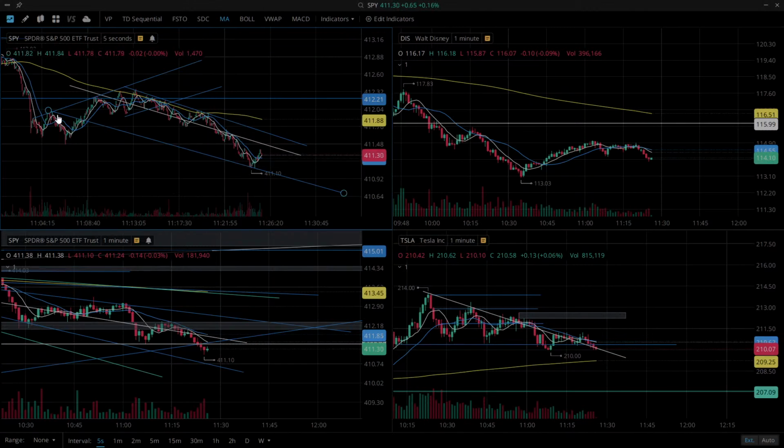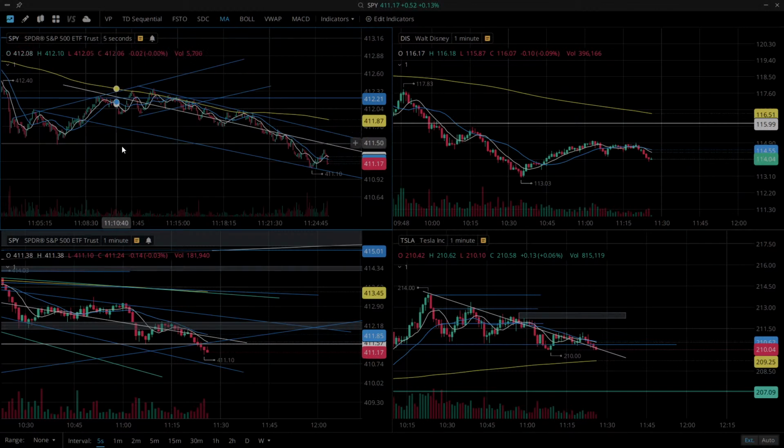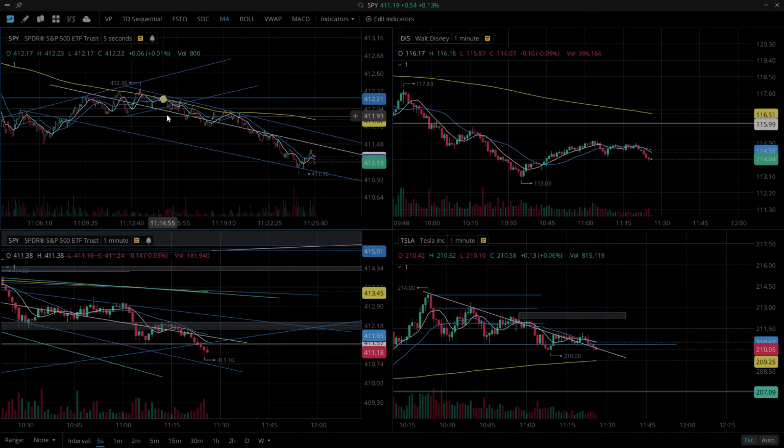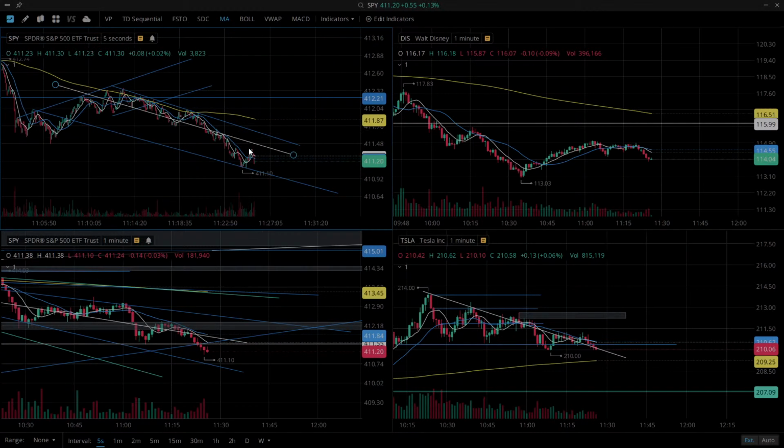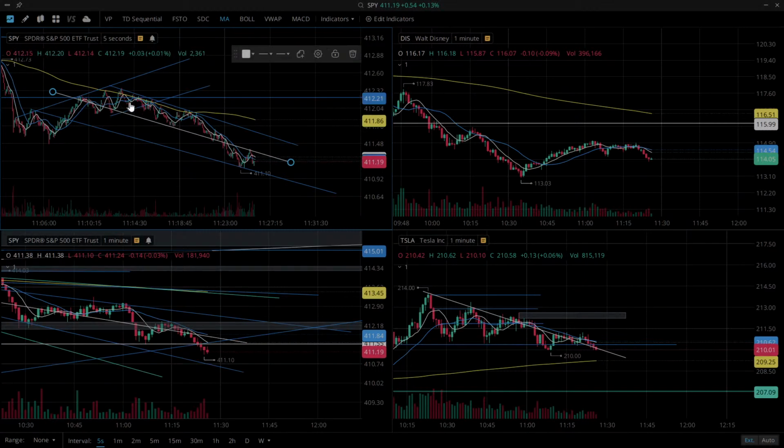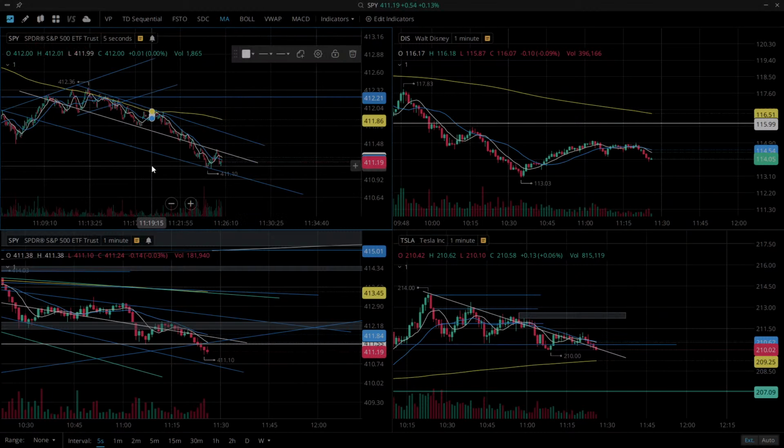It doesn't quite make much sense, but it still touches three price points that make sense for where to expect a reaction. And now we can adjust our regression line. It just extends the channel. This is the upper half, this is the lower half.